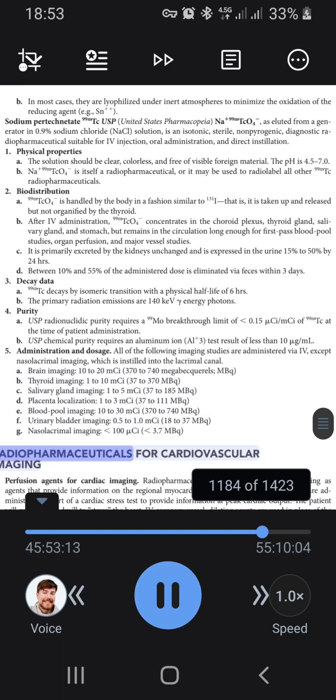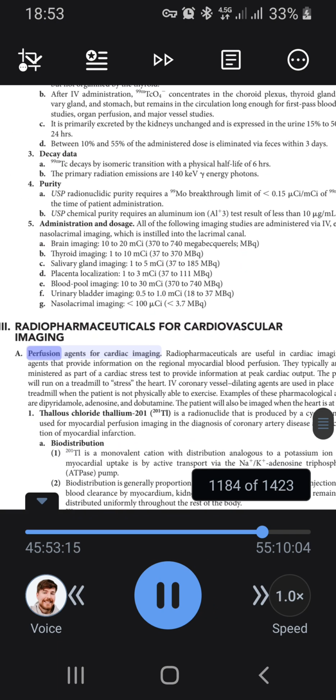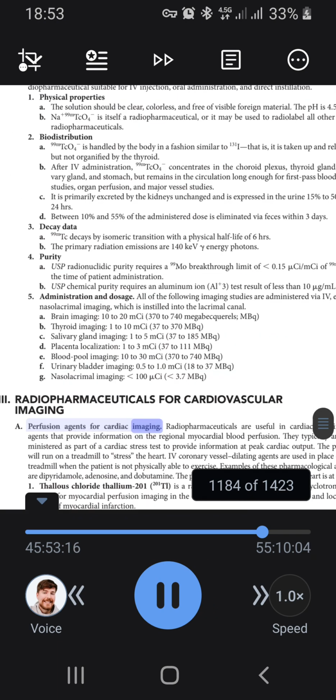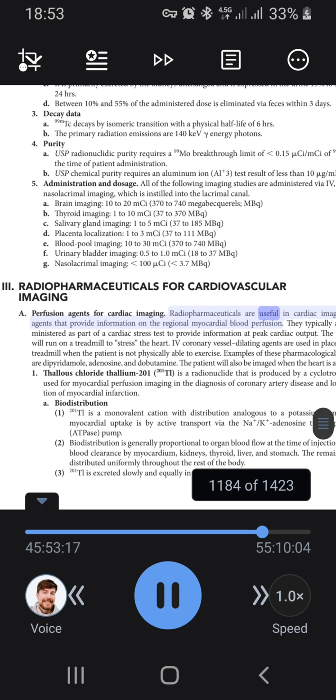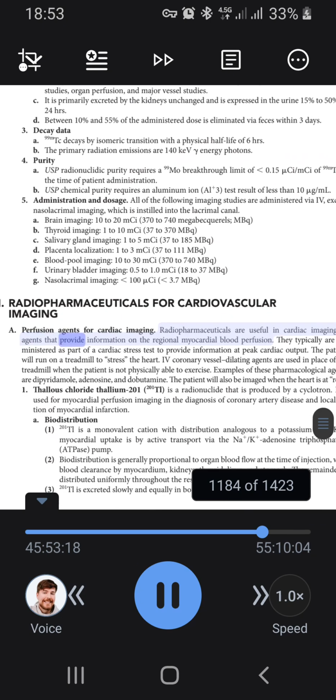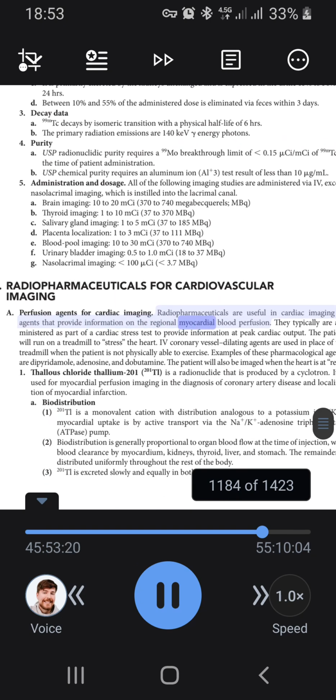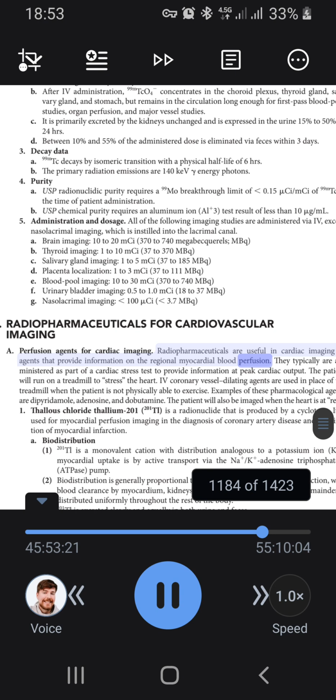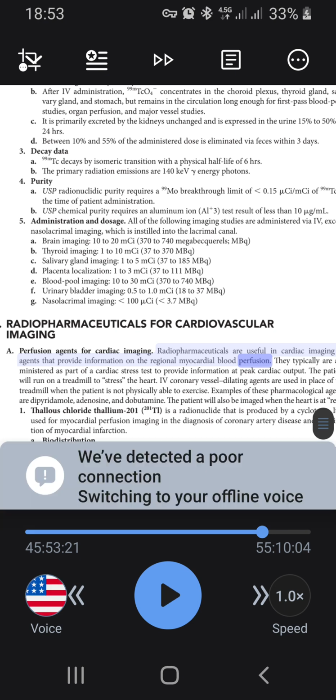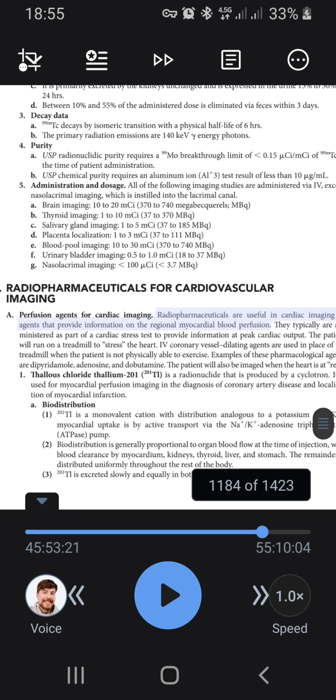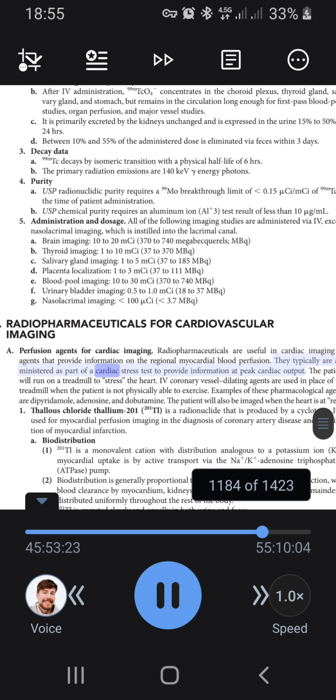Third, radiopharmaceuticals for cardiovascular imaging. Perfusion agents for cardiac imaging. Radiopharmaceuticals are useful in cardiac imaging as agents that provide information on the regional myocardial blood perfusion. They typically are administered as part of a cardiac stress test to provide information at peak cardiac output.